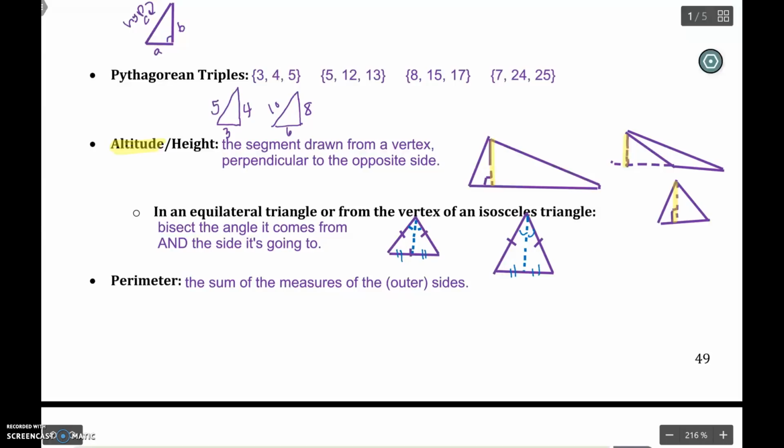And the last thing that applies here is perimeter. Perimeter is if you have a triangle or really any shape and you take the side lengths and add them together, they would equal the perimeter.